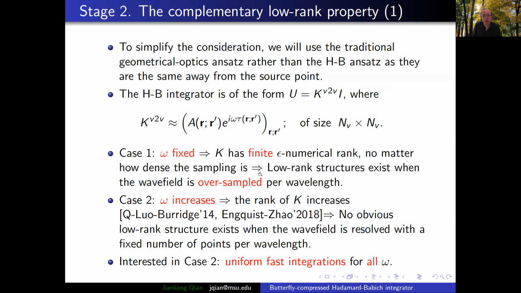So we can have a low rank structure, but it is just superficial, because when omega increases, the rank of the kernel will increase. Then we don't have an obvious low rank structure to appeal to. This is the essential issue here. So what we want is a uniform fast integration for all omega.